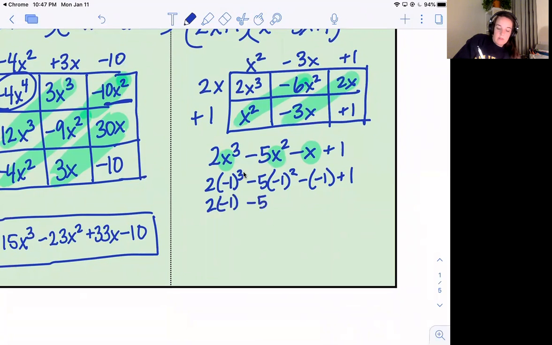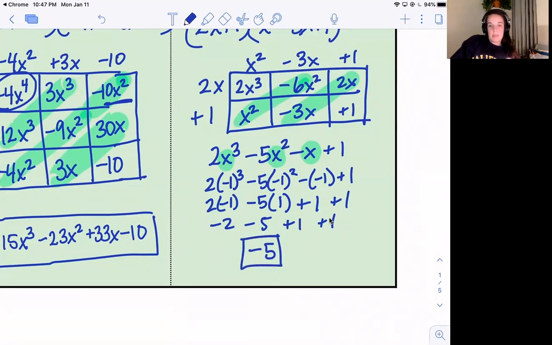Minus 5 times a negative makes positive 1. And then negative times a negative makes positive 1 plus 1. So I have negative 2 minus 5 plus 1 plus 1. Negative 2 minus 5 is negative 7, negative 6, negative 5. Negative 5 is my answer.